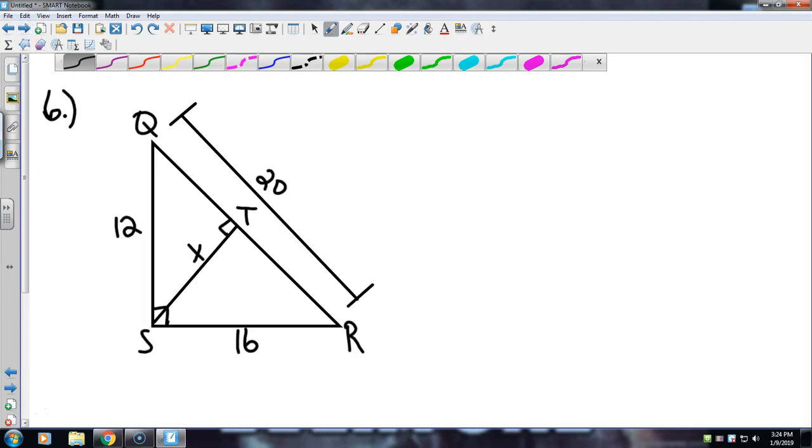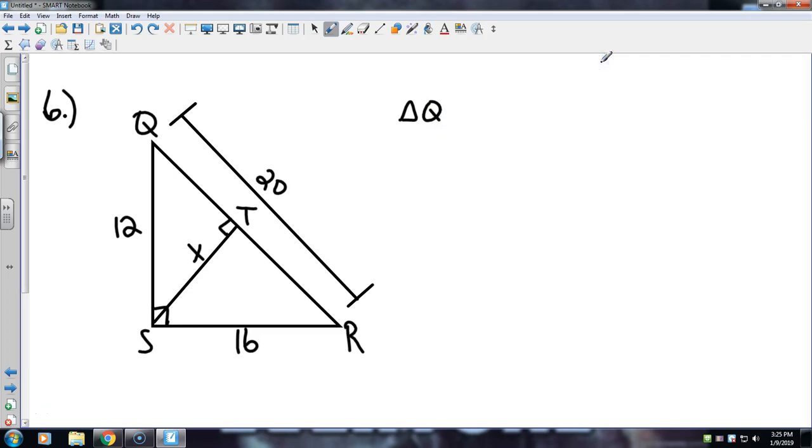And so I see these triangles. The small triangle is QST, and the large triangle is QRS. So we need to find the similarities. Well, obviously they both share angle Q. So I've got triangle, the first one, this is going to be the small triangle, and then the large.